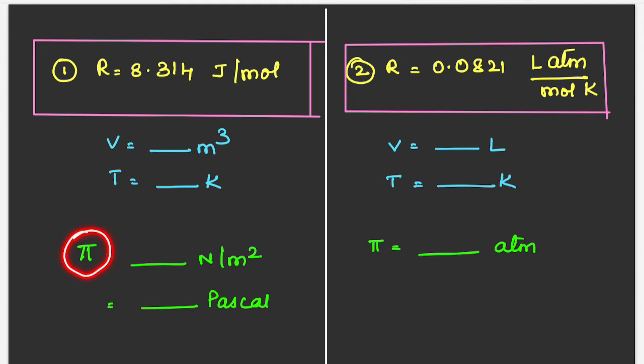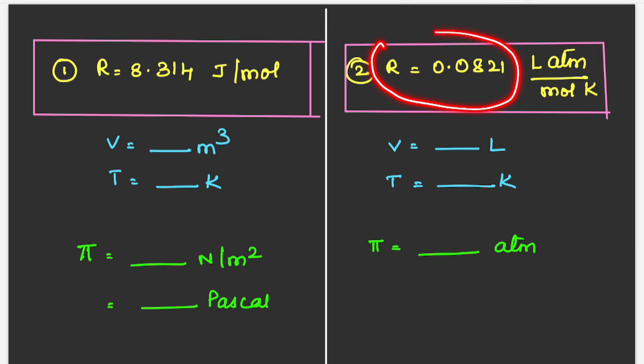In that, the pi value will be given in the answer, something like 0.12 or some value, and then the unit will be given. So check what unit is given. If the unit is Newton per meter square or Pascal, then use R equal to 8.314 joule per mole per Kelvin. Also you have to check the volume, keep it in meter cube, and temperature should be kept in Kelvin.